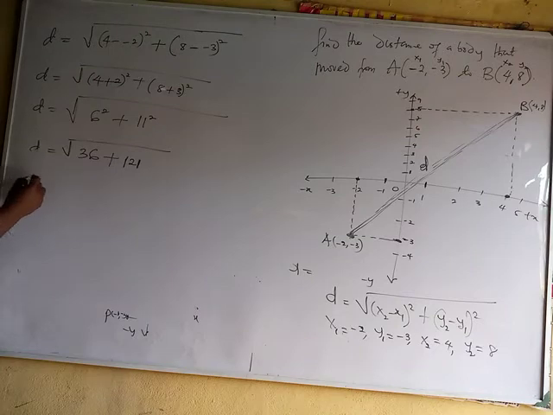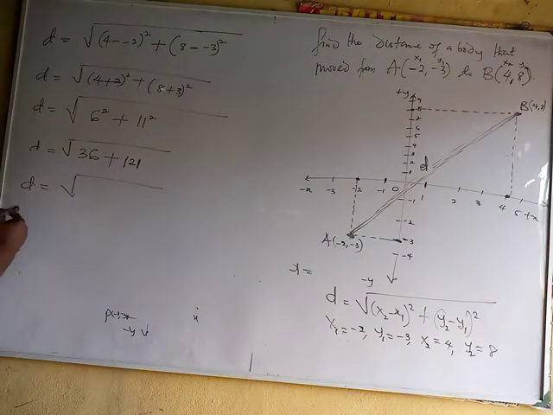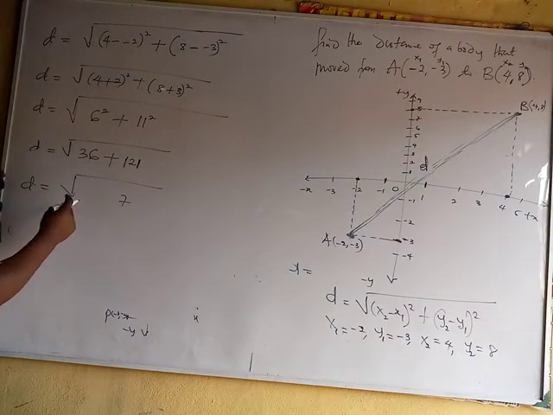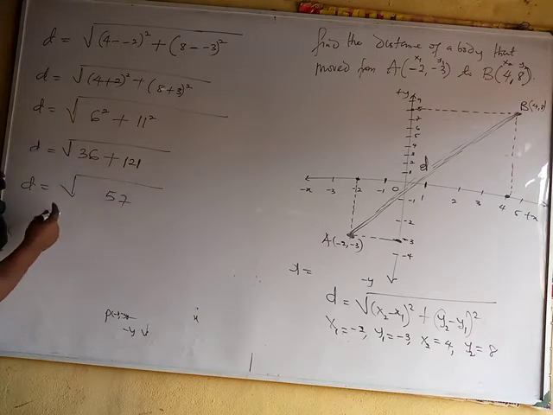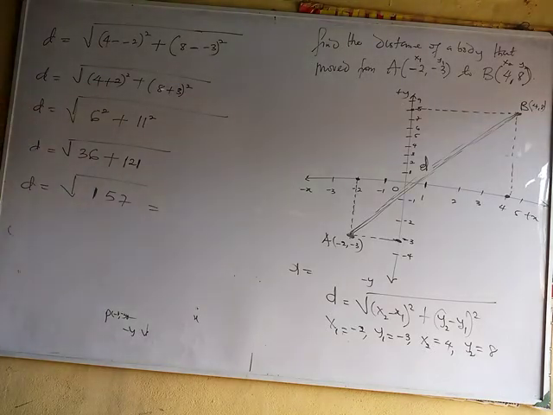So D is equal to square root of, this into this will give me 7, this into this will give me 5, and we have 1. So in this case, we are going to find the square root of 157.